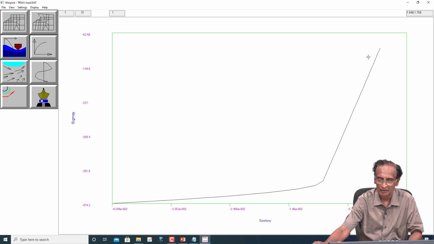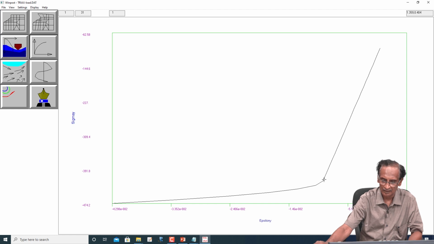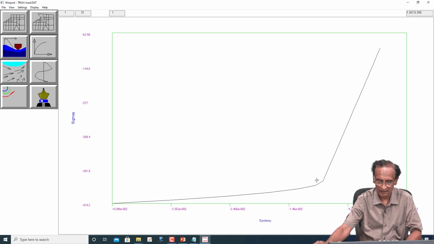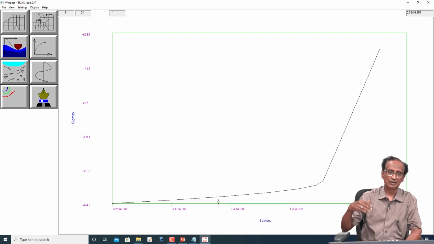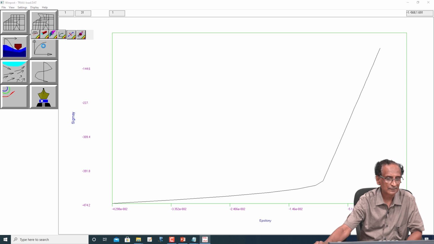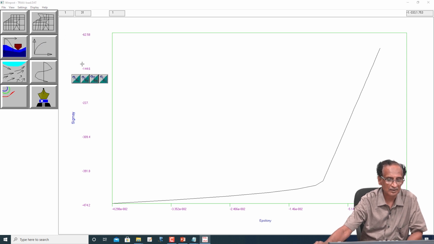See here, at one of the integration points, the stress is initially increasing at a fast pace because you are in the elastic limit, and then in the plastic state it is still increasing, but at a slower pace. This is the sigma y. Let us look at how the sigma x is changing.